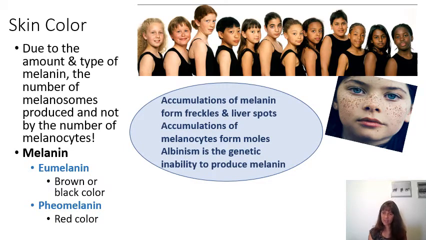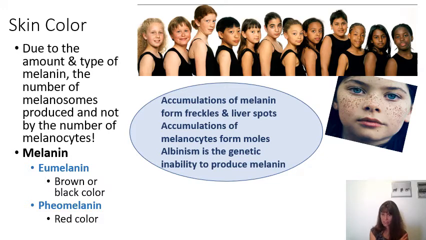Our skin color is determined by the type of melanin that our bodies produce, as well as the amount of melanin that's produced, rather than the number of melanocytes. Our melanocytes have organelles called melanosomes, and the melanin is actually produced in the melanosomes.